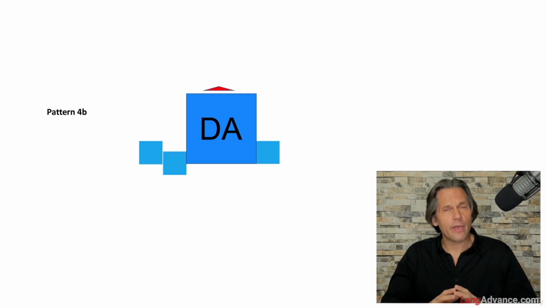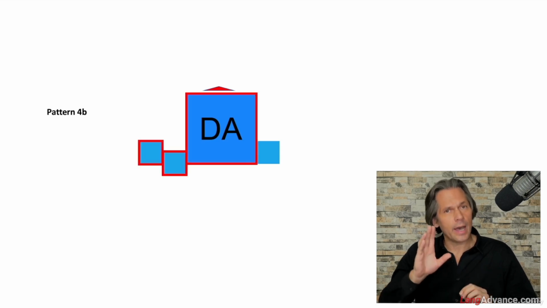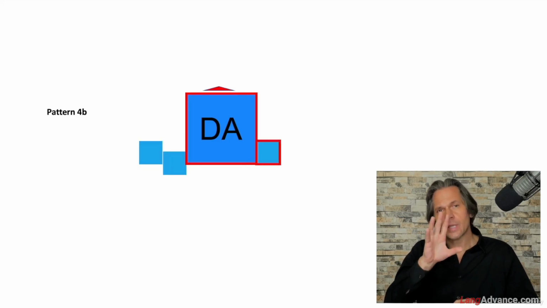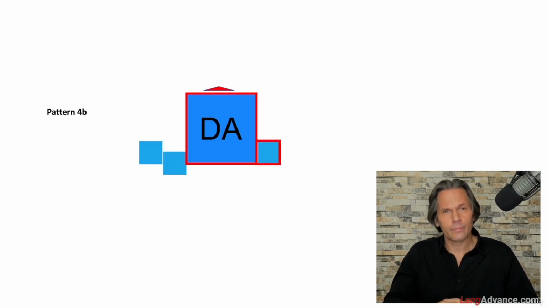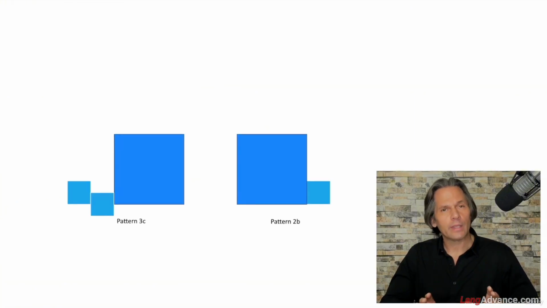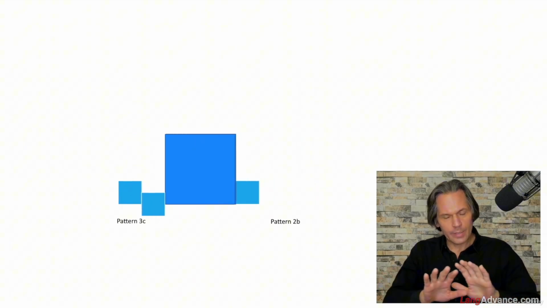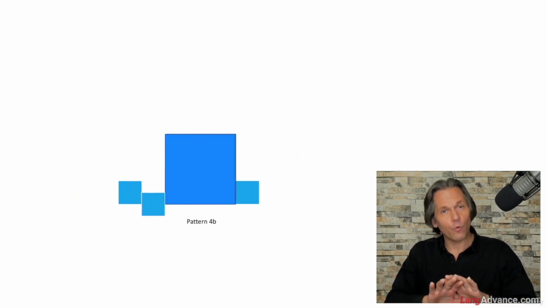And it's easy to see that there are two clear patterns that contain da. The first pattern is da-da-da. And the second pattern is da-d. And we can really think of this pattern as being these two patterns, pattern 3C and pattern 2B, happening at the same time. So we can see these come together and create pattern 4B.